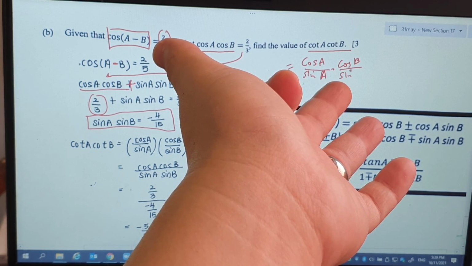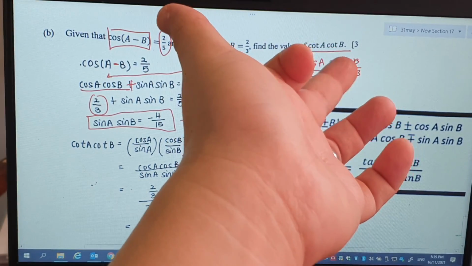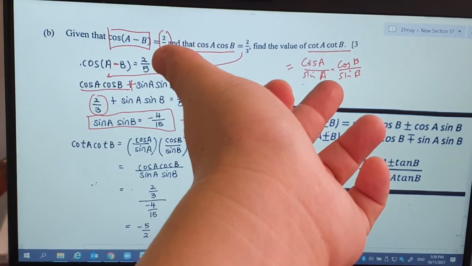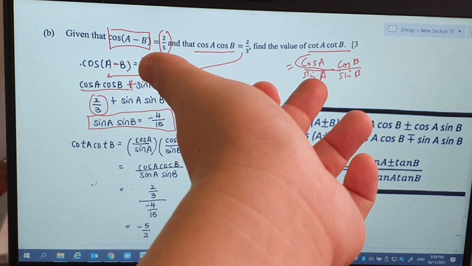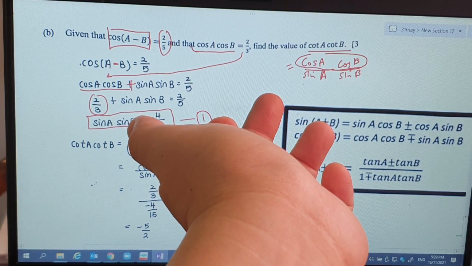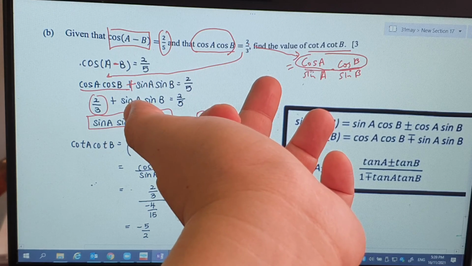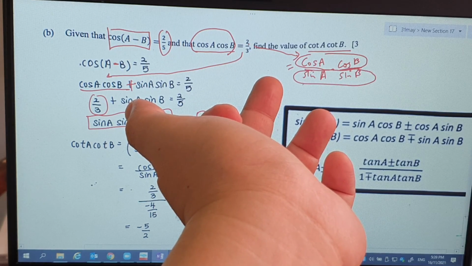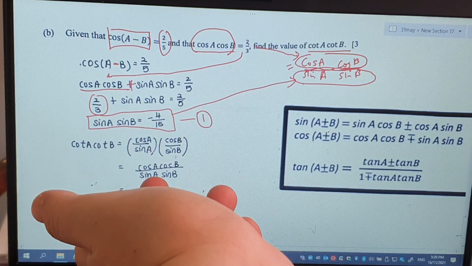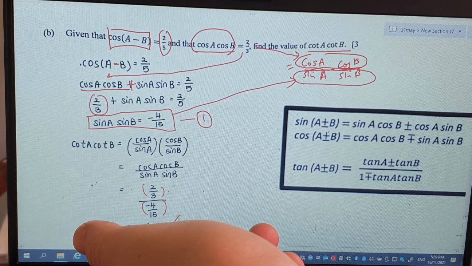So this is cotangent, cos over sine, this is A, so all A, this is B, so all B. Now, this cos A, cos B is here. Isn't that 2/3? And the bottom, sine A, sine B, isn't it here? Then you just plug in and finish the whole story already. Just press the calculator and you will get it.